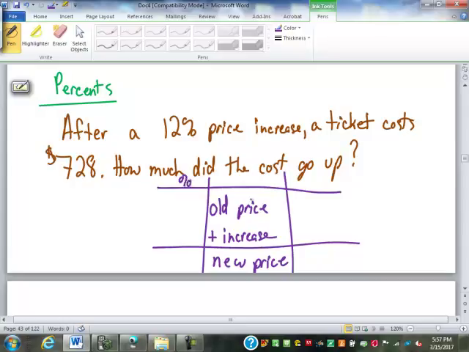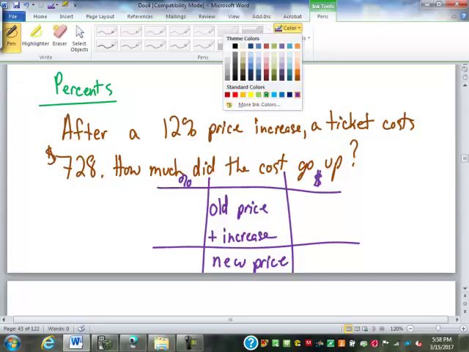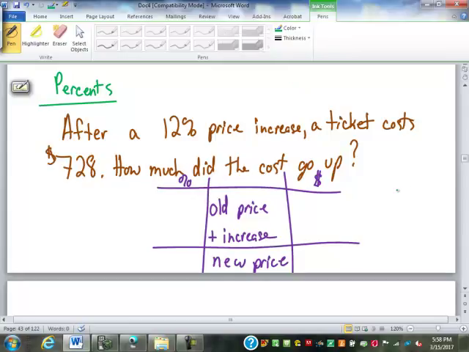And remember, when we're dealing with a percent problem, each of those numbers is described by a percent and by another number, in this case, dollars. The 12%, of course, is the amount of the increase. That goes in here. The $728 goes where? The new price, $728. Now, it looks like that's all we have, but what piece of information do we always have?